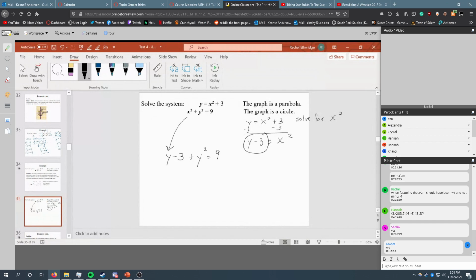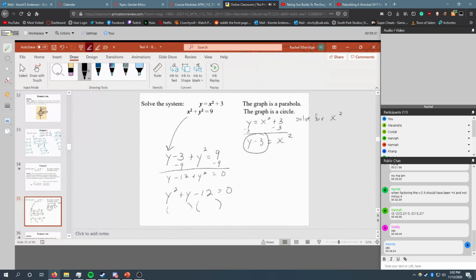Now I'm going to rearrange everything, and I need to get the equation equal to 0. So I'm going to subtract 9 from both sides. And then I'm going to rearrange it to where I'm in the correct decreasing degree order. So y squared plus y minus 12 equals 0.